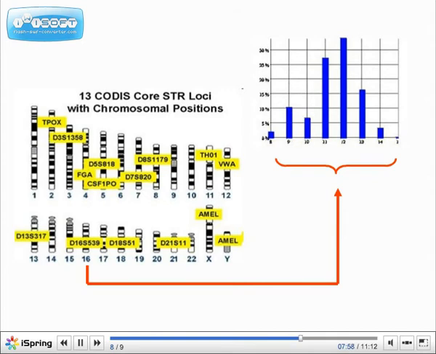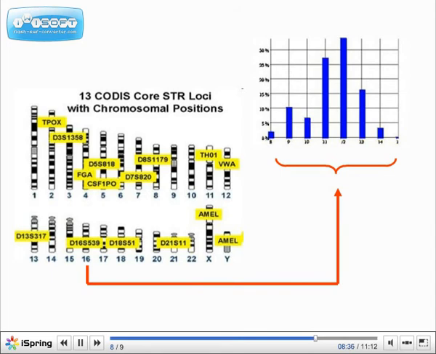On the other hand, the genotype frequency for a heterozygous Caucasian with one copy of allele 12 and one copy of allele 11 is obtained by multiplying 2 times the frequency for both alleles, in other words, 2 times 0.27 times 0.37, or 0.199, or about 20%. The profile frequency, which takes into account the allele frequencies at all 13 STR locations, is obtained by multiplying the genotypic frequencies for all 13 STR locations.